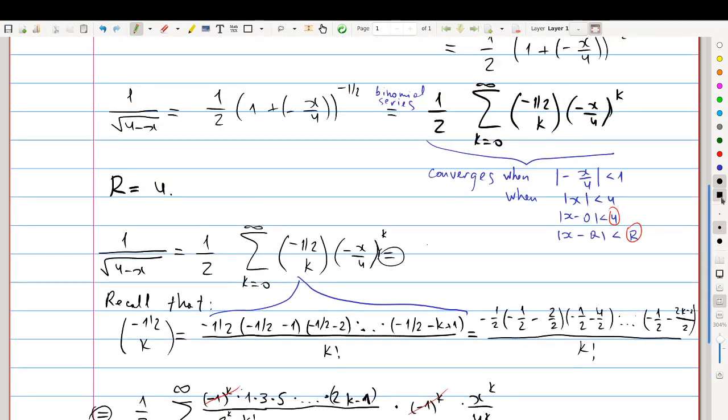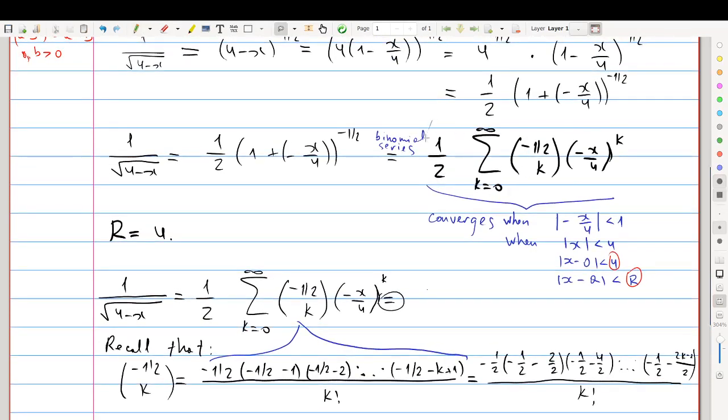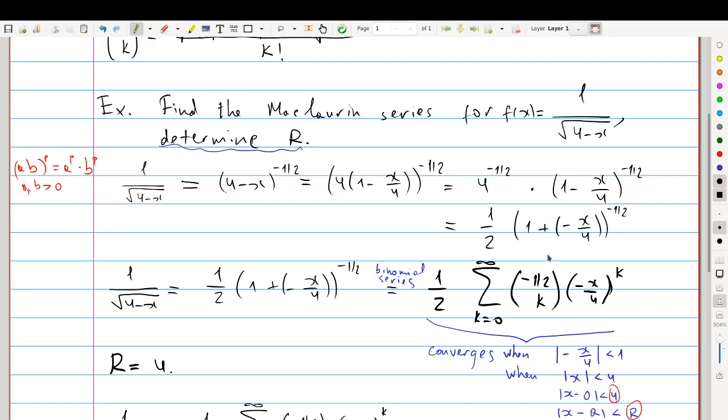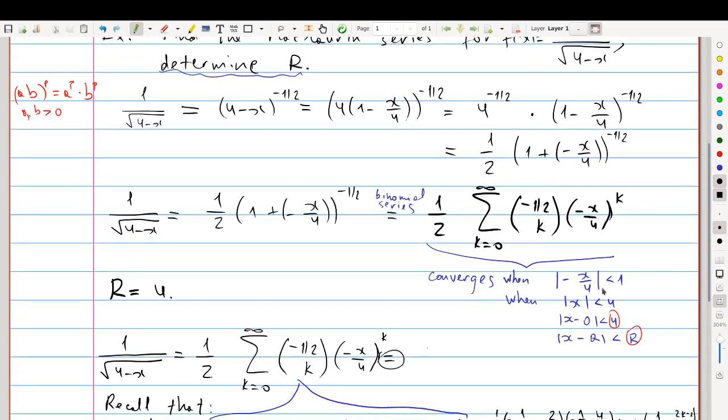Now again, I want to emphasize that not only was this a valid answer, but it was also much easier to determine the radius of convergence for this form of the series. Because in this form, it is clear immediately that you are dealing with a particular case of binomial series, and so you can just use the convergence condition from binomial series.